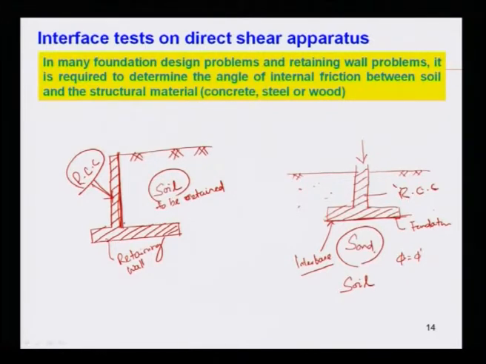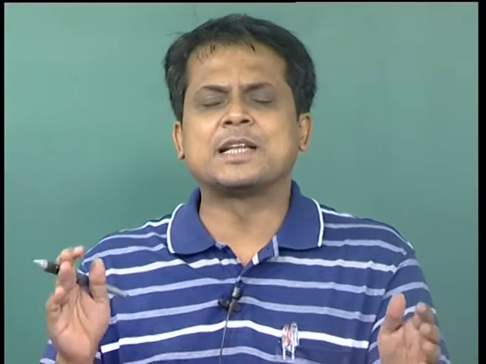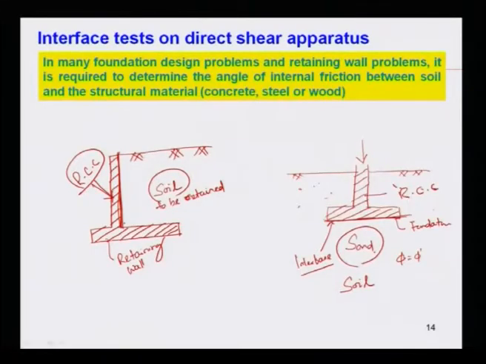That is why this is another useful test, the interface test, to find the interfrictional angle between soil and any material other than soil. In many foundation design problems and retaining wall problems, it is required to determine the angle of internal friction, remember, between soil and the structural material.